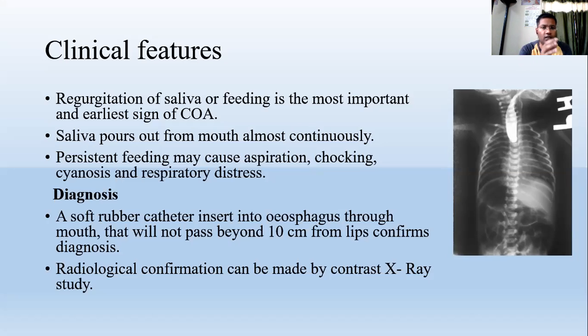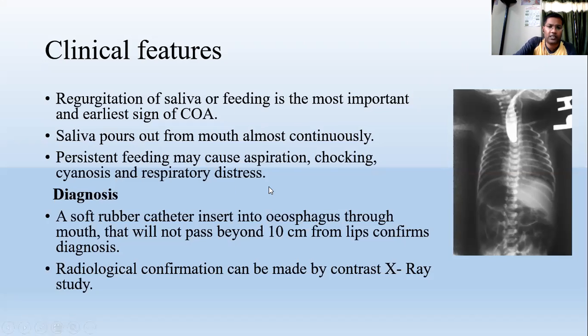This is the earliest sign of congenital esophageal atresia. Saliva pours out from the mouth almost continuously because whatever saliva is secreted is not going down, because there is atresia. That's why it happens.